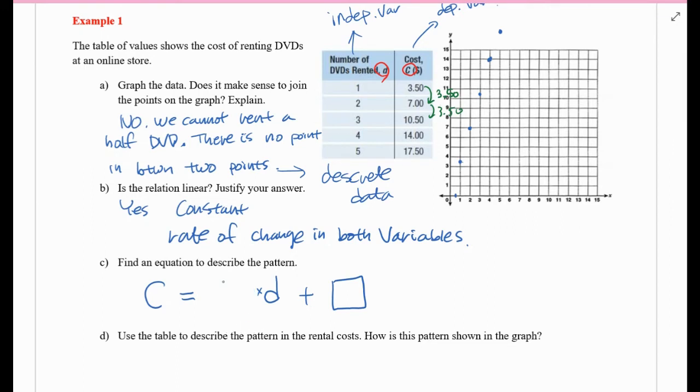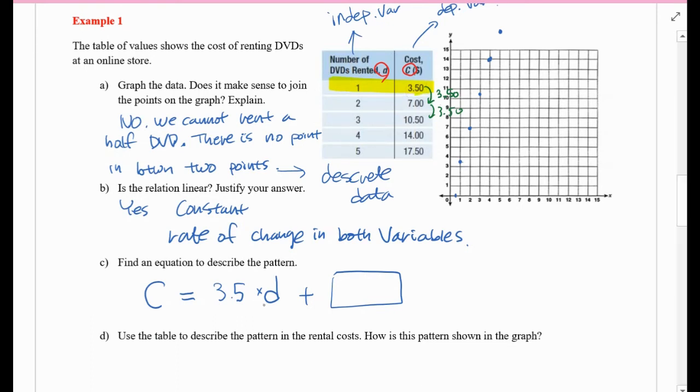3.50, you can omit the last 0. 3.5 times D plus something. You should figure this out. What number do you have to add to get C? Let's test it using the first line.